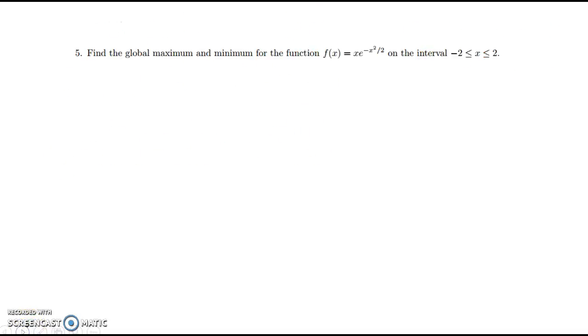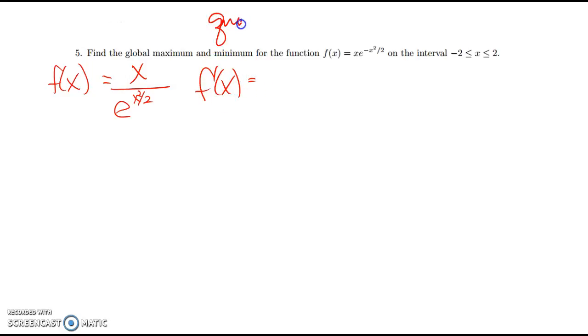All right, so we got next: find the global max and min for this particular function. I tend to want to write this as x over e to the x squared over 2, so I can get rid of that negative exponent. If I take the derivative of this, then I use the quotient rule, which is f prime g minus f g prime over g squared.